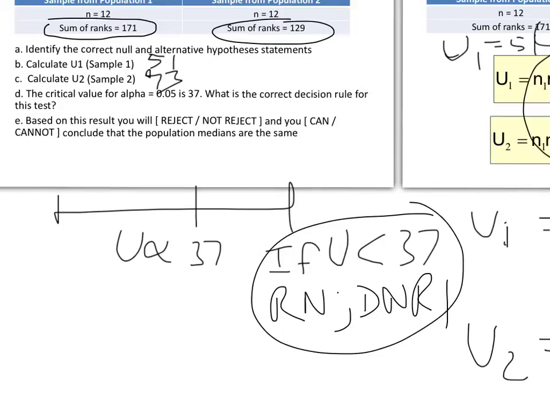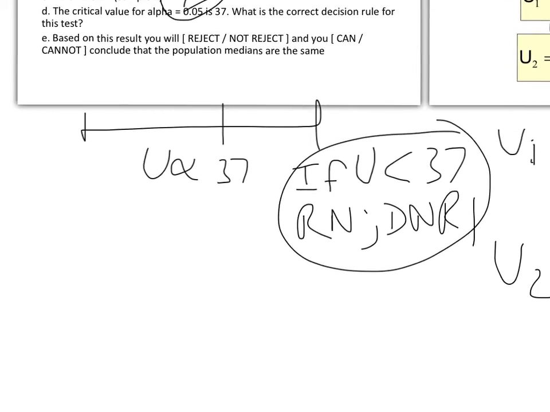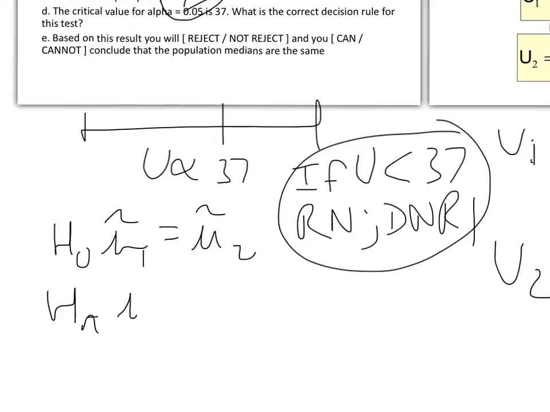And what we didn't yet do is say, well, what are our hypothesis statements? And that's going to determine which of these U values we use. If I go back up to the very beginning here, we say the median of 1 is thought to be equal to the median of 2. So our hypothesis statements are: the null is median of 1 equals median of 2, and the alternative is that median of 1 is not equal to median of 2.